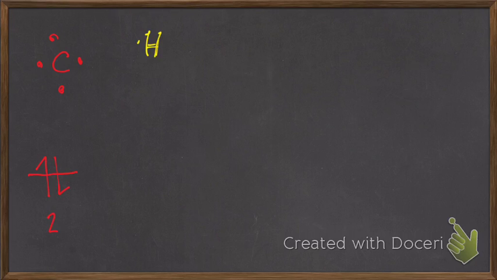1, 2. And then we have 3 p's. And technically it'd be px, py, and pz. But I'm just going to put p's up there. And so where are the other 2 electrons? The first and the second. Px and py. So that's fine.